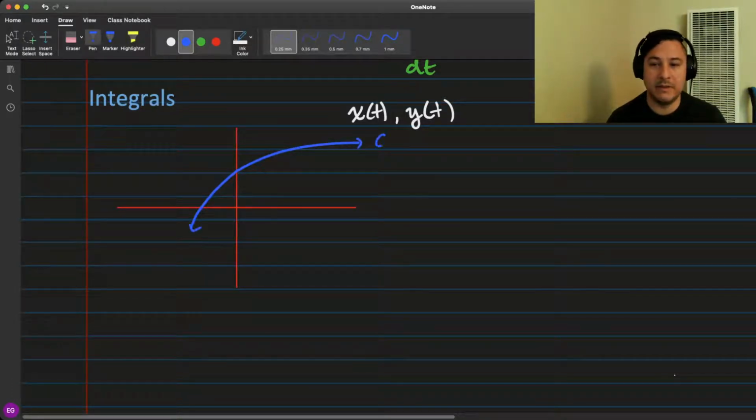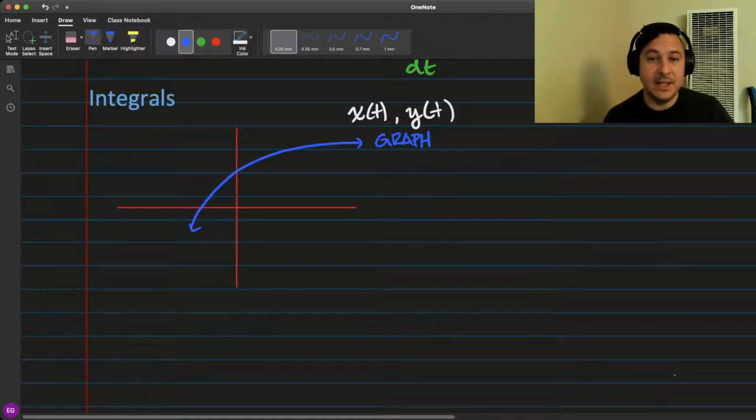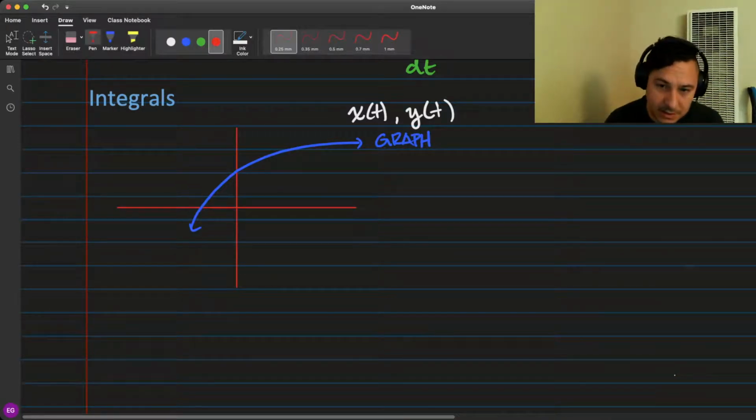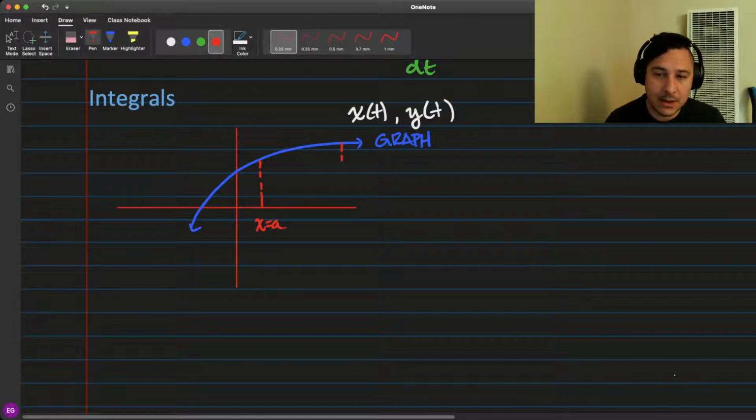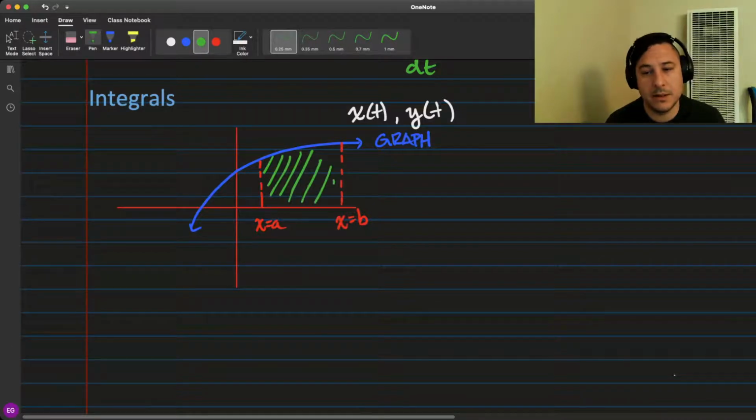So here's the graph of the parametric equations. What we're interested in finding is, let's say you choose between some x value a and x value b. You want to know the area under this parametric curve between a and b.